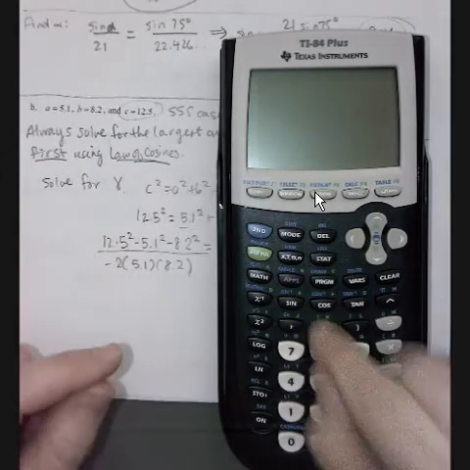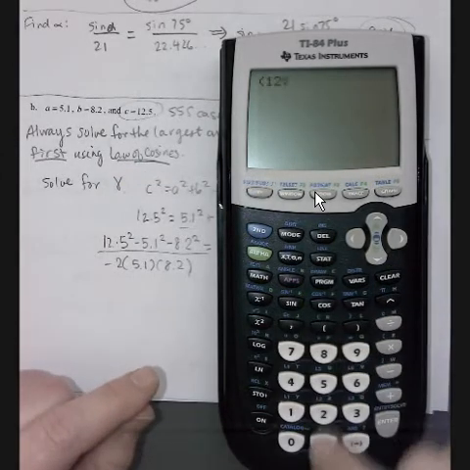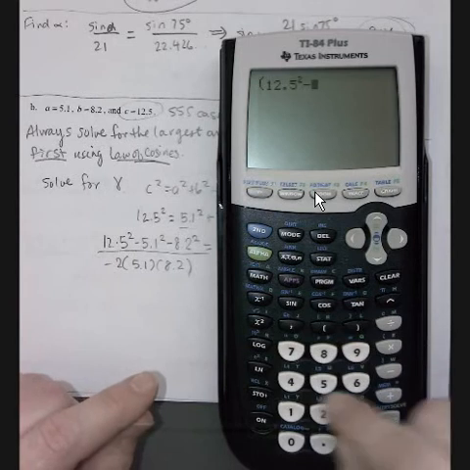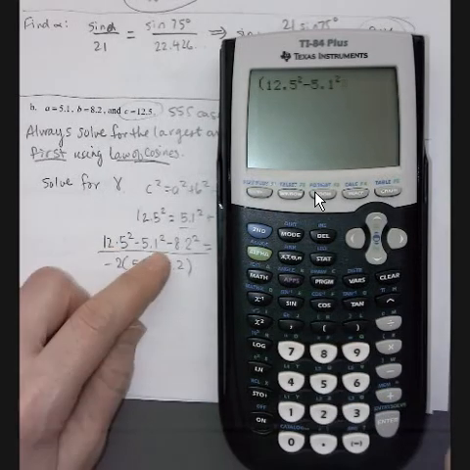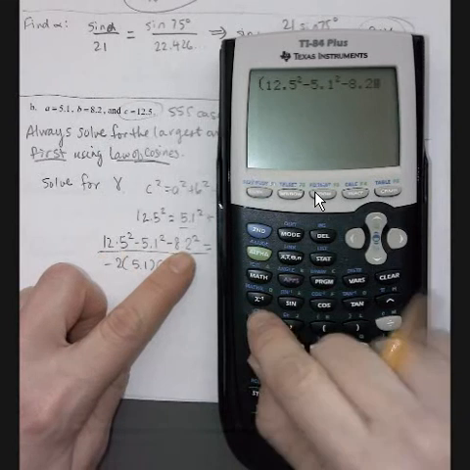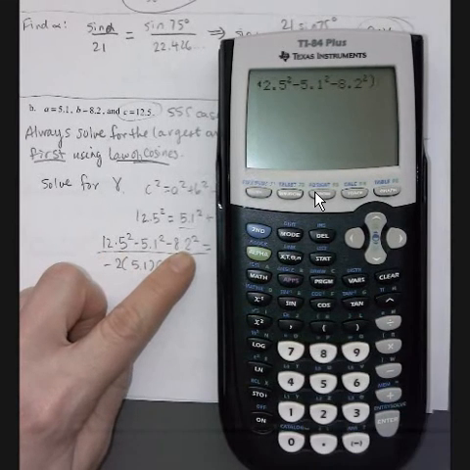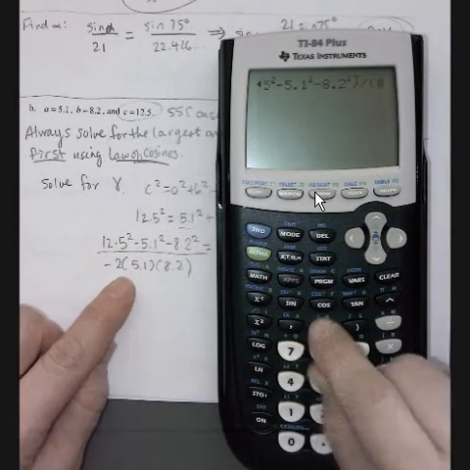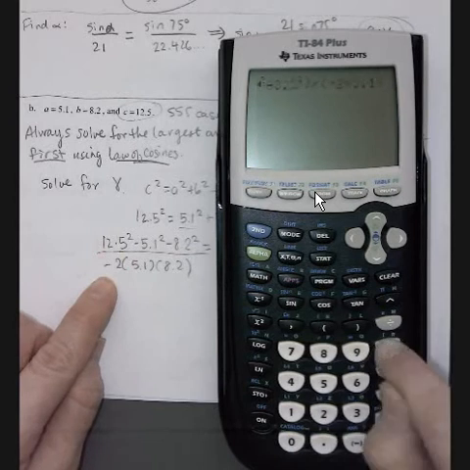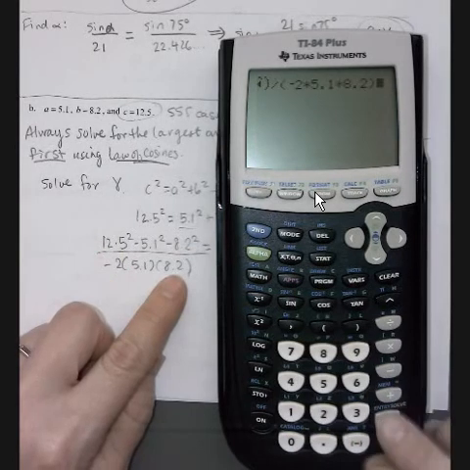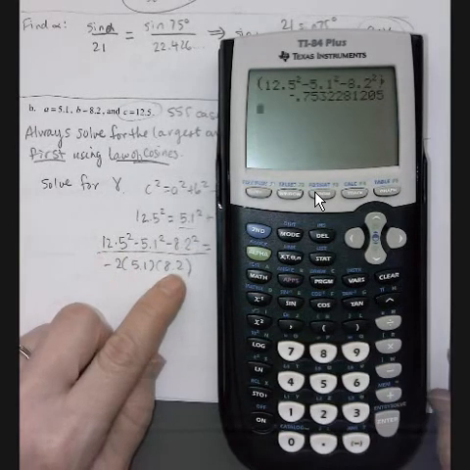This is a new calculator. I'm going to blame it on that, even though it's me. 12.5 squared minus 5.1 squared minus 8.2 squared. Parenthesis, close it off, divided by, parenthesis, -2 times 5.1 times 8.2. And you can do the same exact steps on the TI-30.